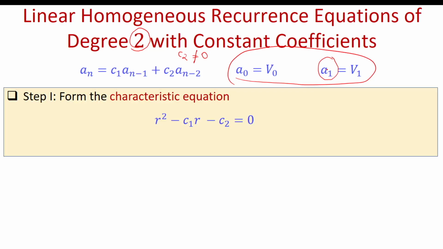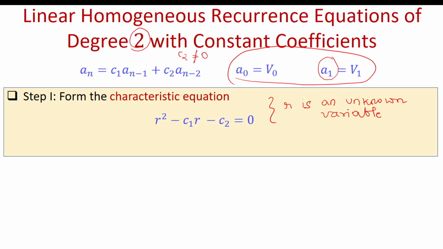So the first step here will be to construct what we call the characteristic equation. And the characteristic equation will be an equation in an unknown r. So r is an unknown variable here, unknown in the sense its value is not known.